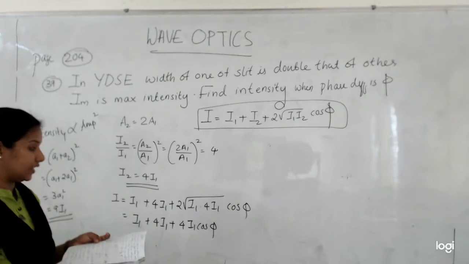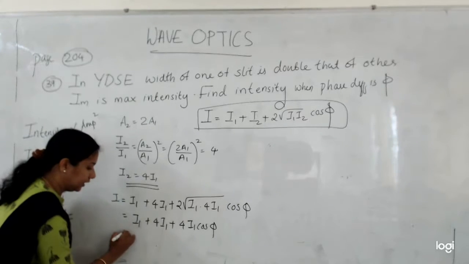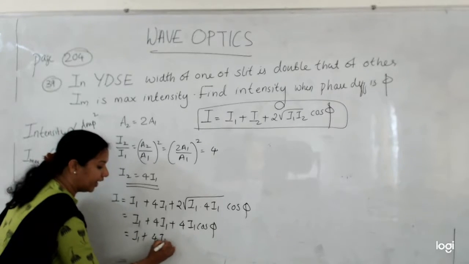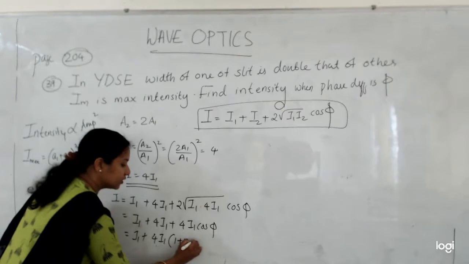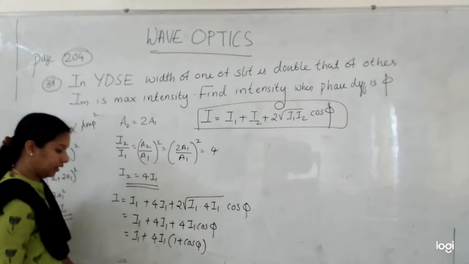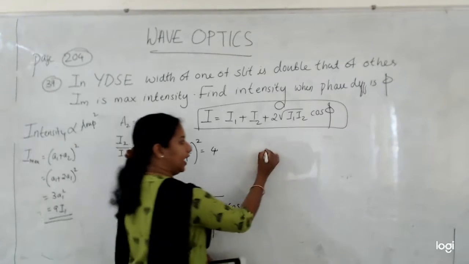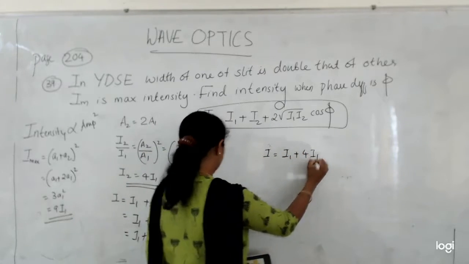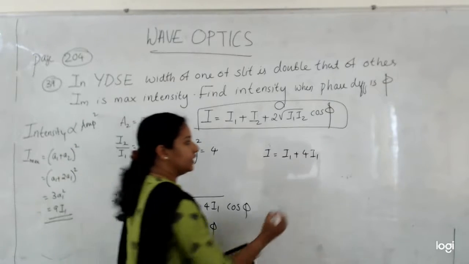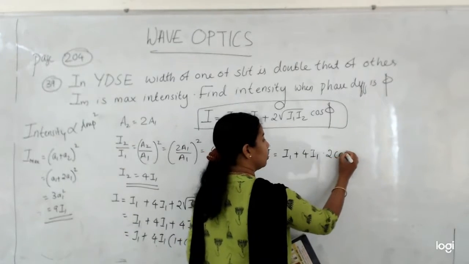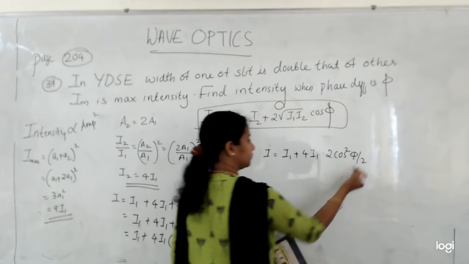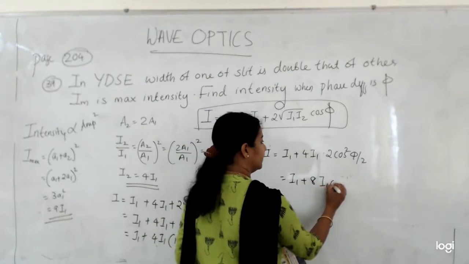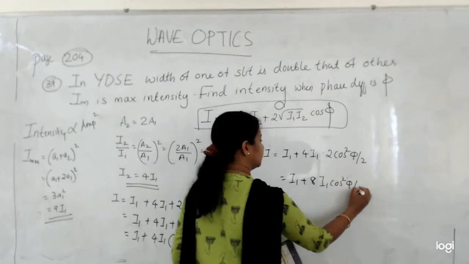So you have to check how we should take the common terms. Taking 4I1 as common, I equals I1 plus 4I1 into 1 plus cos phi, and you can write that as 2 cos square phi by 2. So I can write I1 plus 8I1 cos square phi by 2.